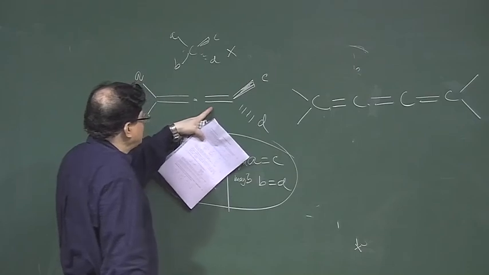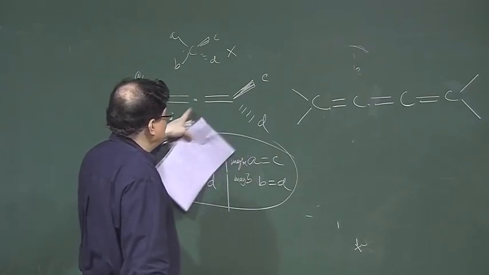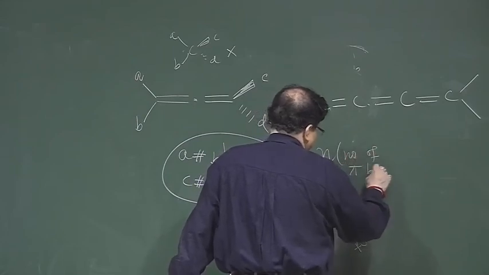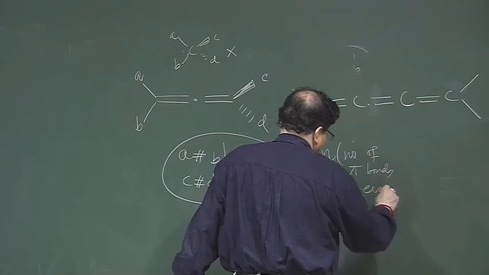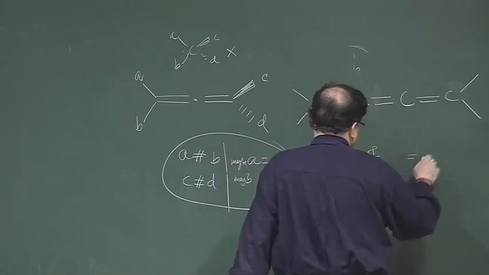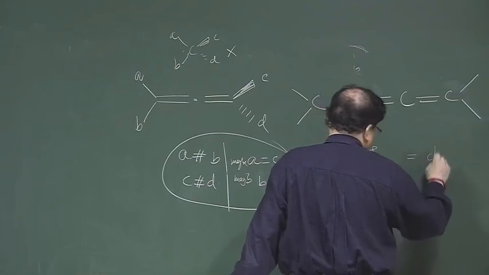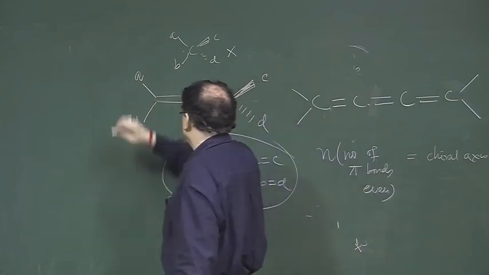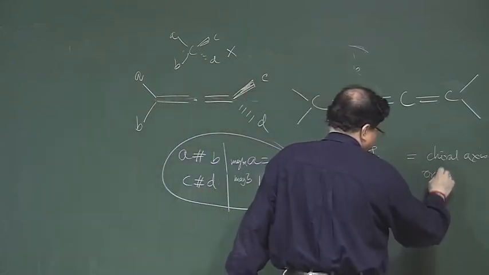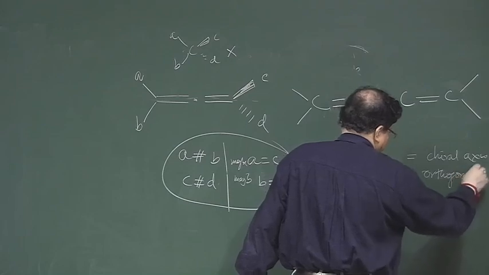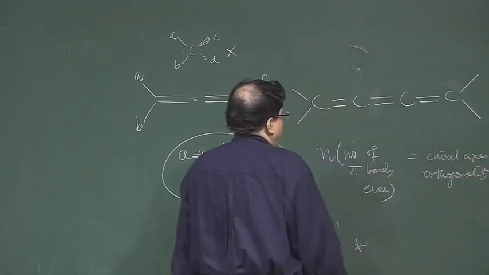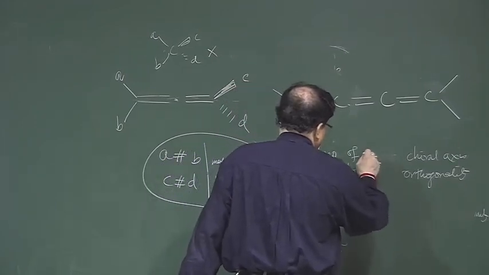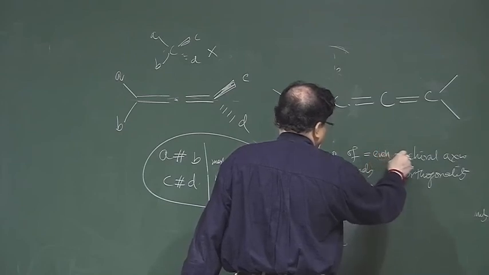If n, the number of pi bonds, is even, the molecule has a chiral axis, and orthogonality is there.